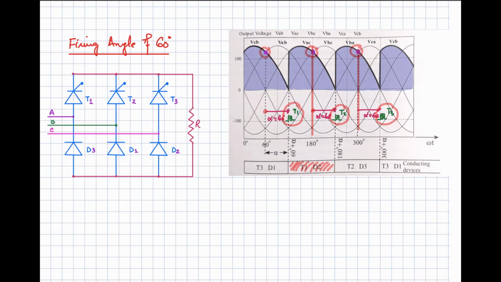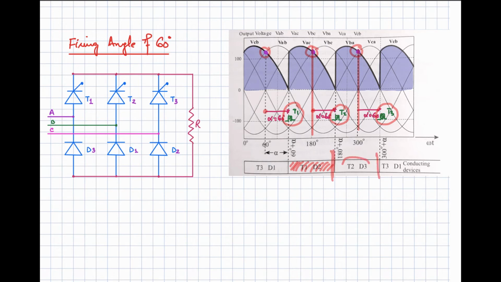On the reverse side, the diode connected with phase A will be conducting, that is diode D3. So diode D3 is conducting and your thyristor T2 is on. You are not going to apply the pulse to other thyristors, so this voltage waveform will keep on appearing across the load.